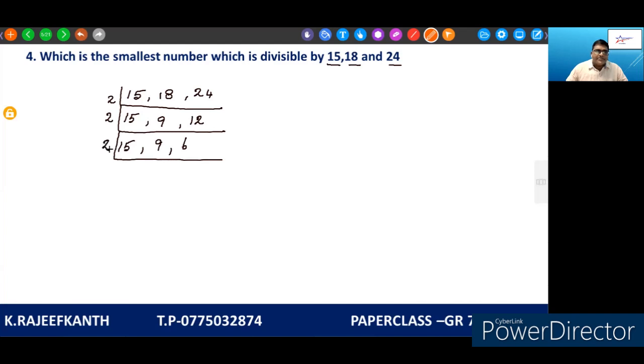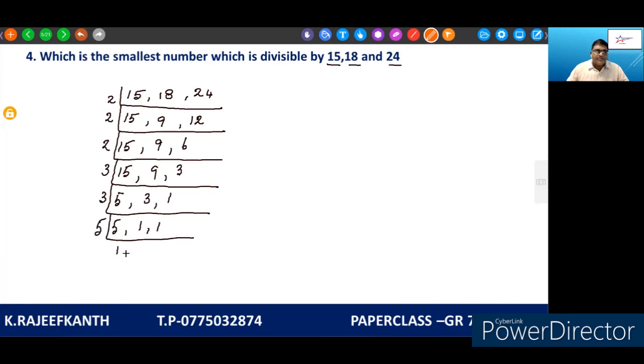Now again divide by 2: 15, 9 and 3. Now you can divide by 3. 15 divided by 3, 5; 9 divided by 3, 3; 3 divided by 3, 1. Now divide by 3 again, then 5, 1, 1. Now you can divide by 5, then 1, 1, 1.